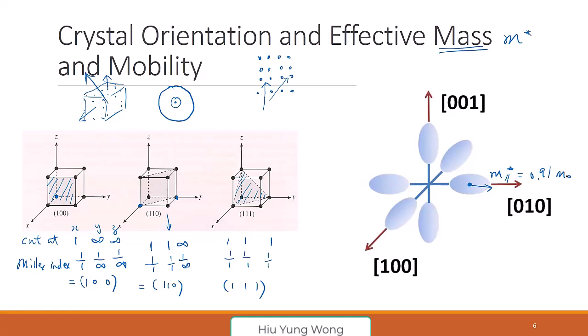So very close to the electron mass. M0 means the electron at rest in the vacuum, right? But in this direction, you see the curvature is smaller. It actually has smaller effective mass, 0.19 electron mass. So it is much lighter. It's almost 4.5 times lighter. What is the meaning? It means if you apply an electric field, it travels faster in that direction.